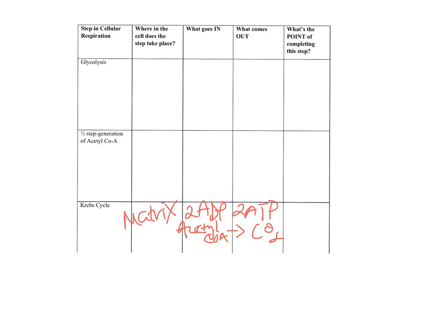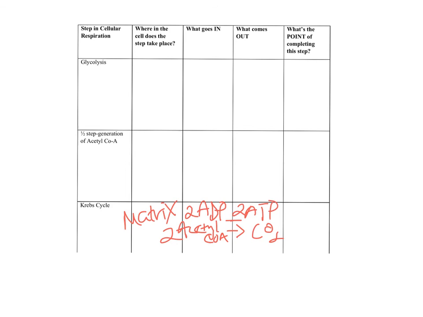Because CO2 is a waste product, I'm not going to worry about the amount. You do have to remember, though, that there are 2 acetyl CoAs, which means you're going around the Krebs cycle 2 times, which is why I say that we actually end up with 2 ATP. Each turn around the Krebs cycle, you get 1 ATP, right?